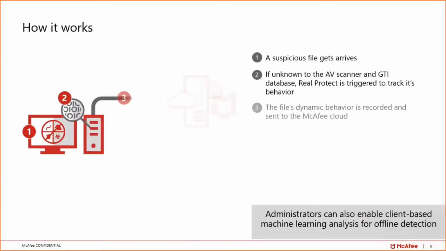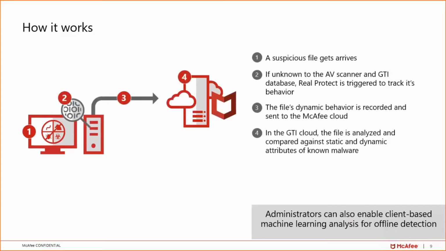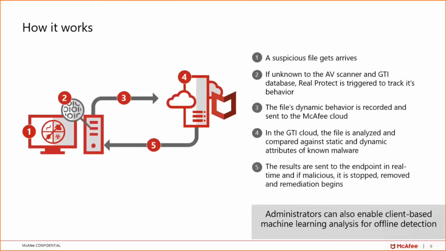All those records are sent to the McAfee cloud, the GTI, which performs a machine learning algorithm to figure out if those behaviors are considered malicious or not. The results are sent back to the endpoint, and if it is malicious, the rollback remediation will happen.